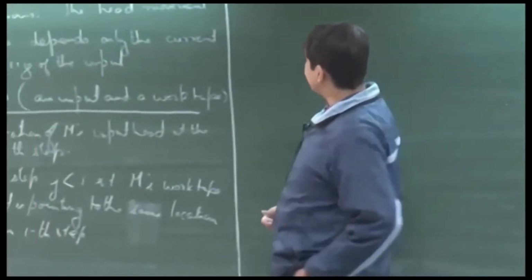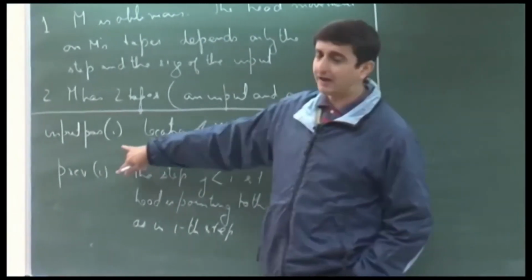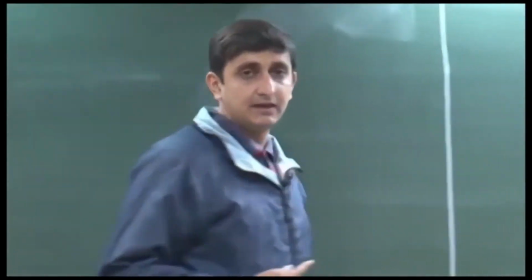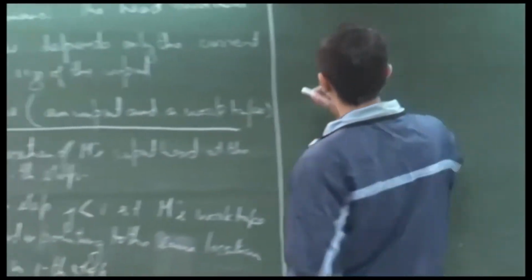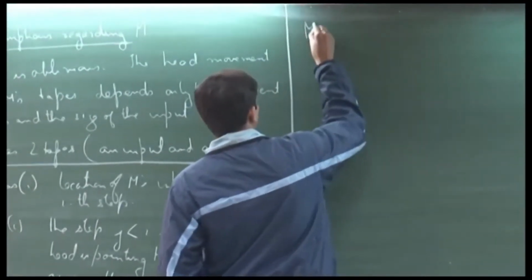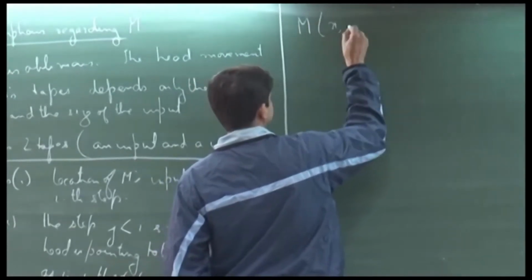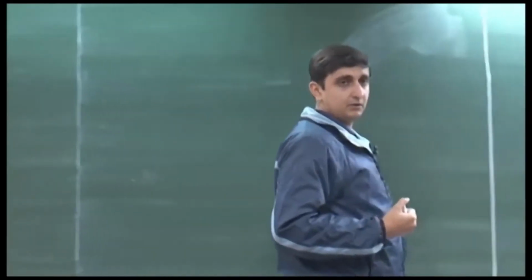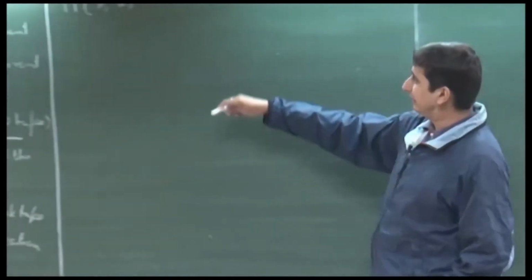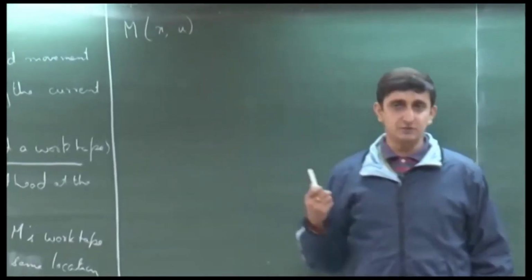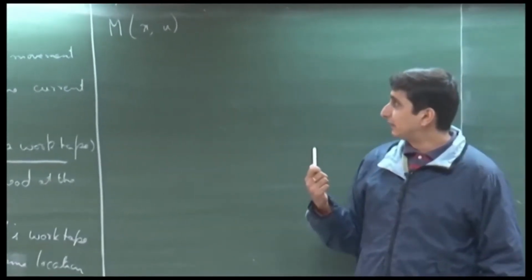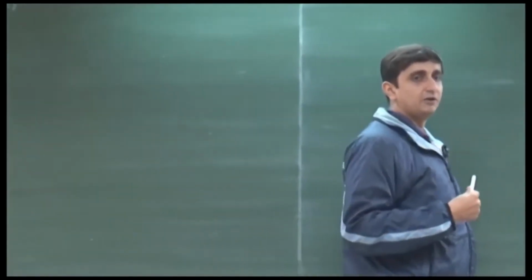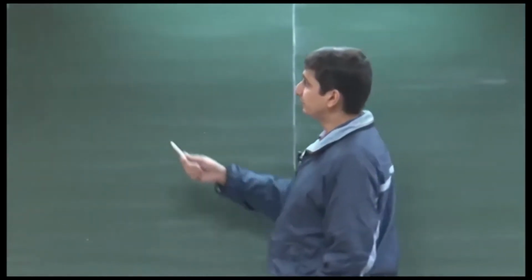Now suppose I want to determine these two values for all possible i's. We are given an input x, and note that the machine takes two strings as arguments. It takes a string x and it also assumes that there exists some string u, which has length p of the size of x, where p is some polynomial.